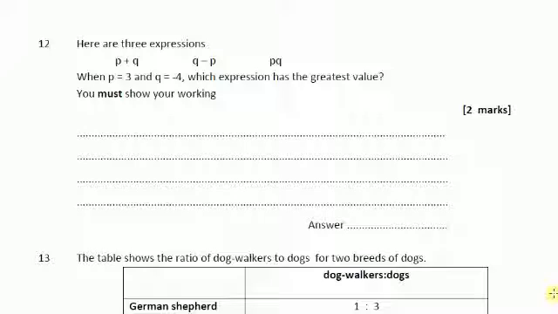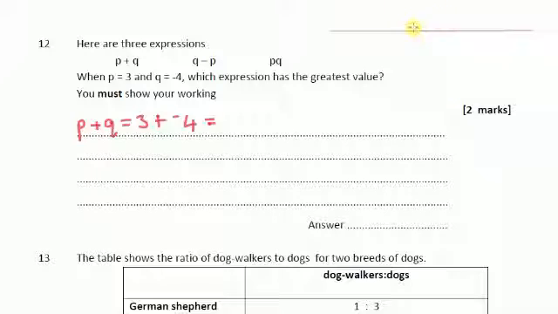Number 12, here are 3 expressions: p plus q, q minus p, p times q. When p is 3 and q is minus 4, which expression has the greatest value? You must show your working. Okay, so p plus q is 3 plus negative 4, and to work that out, you'd have to think of a number line where maybe we mark the point 0 somewhere on there.